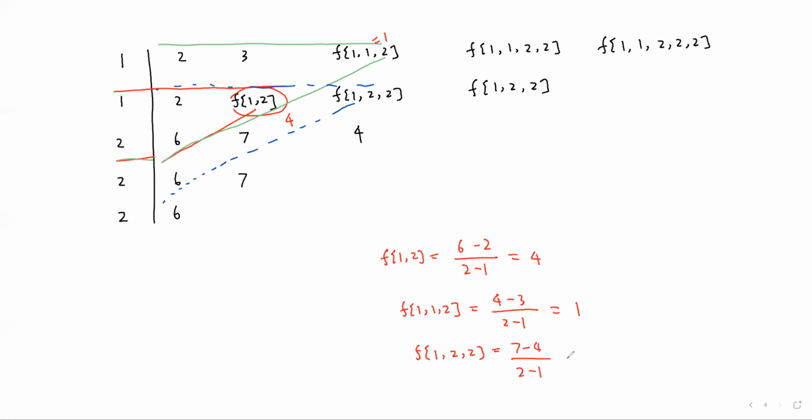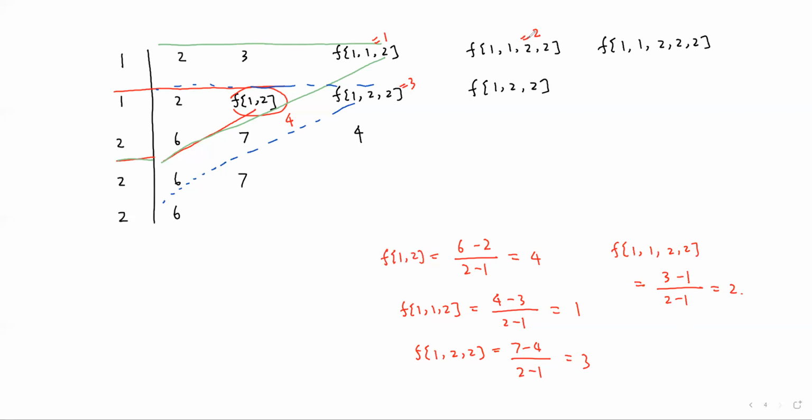So 3. Yeah, correct, this is number 3. For this entry, it is number 3 minus number 1, over this 2 minus 1. F[1,1,2,2] is equal to 3 minus 1, over 2 minus 1. So it's equal to 2. Yeah, this number is 2.